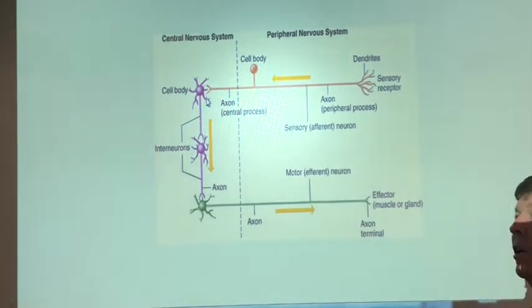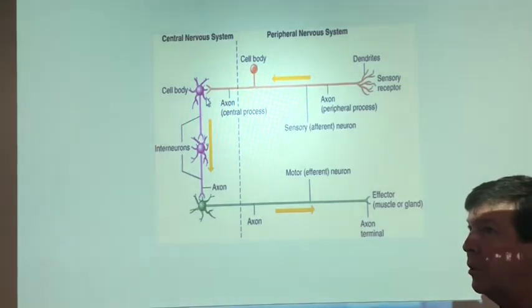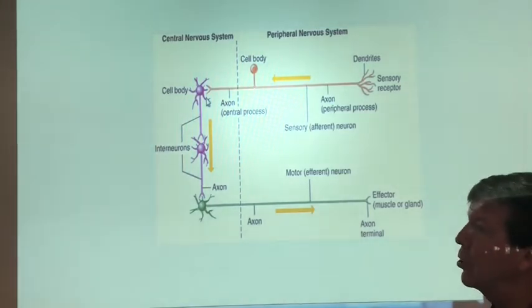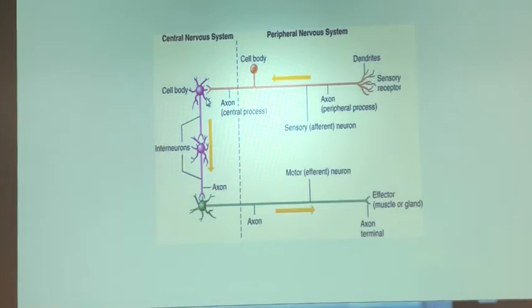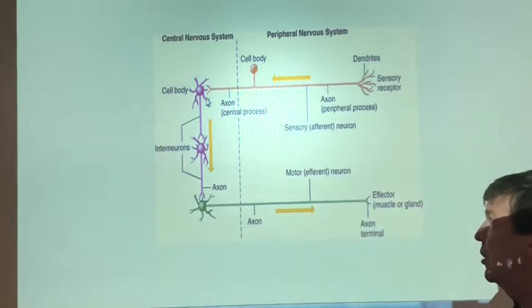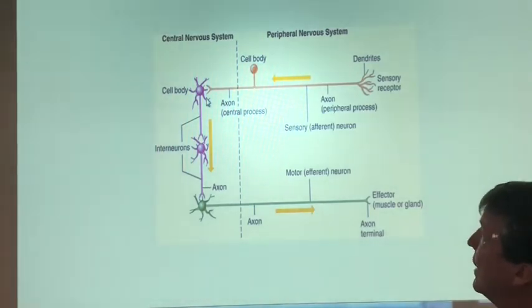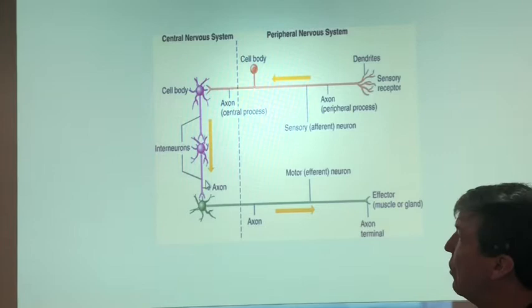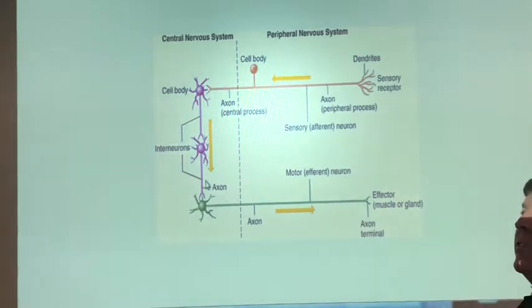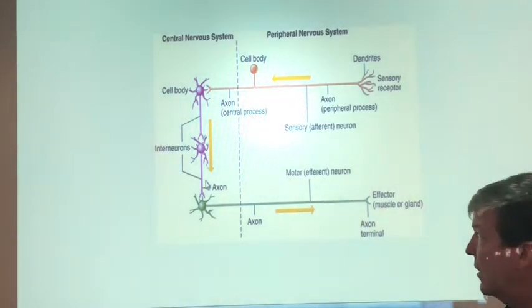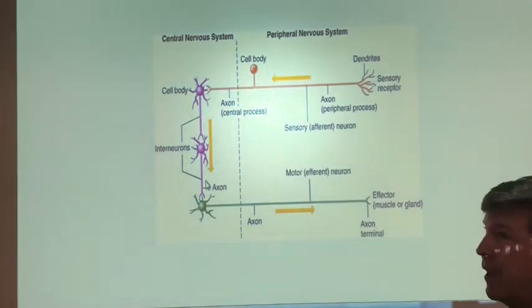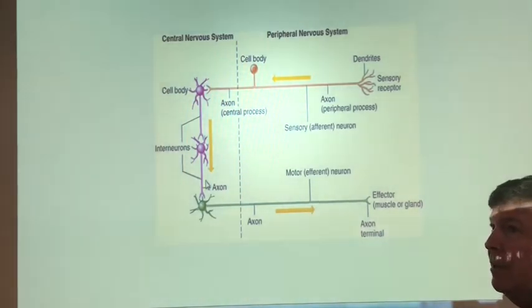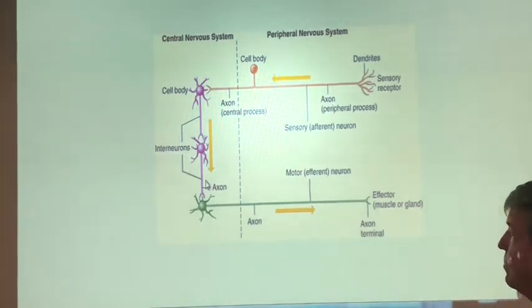So far, the only neurotransmitter you're familiar with is acetylcholine, and that's the neurotransmitter at all neuromuscular junctions. But now, when we're in the central nervous system, there's a wide variety of neurotransmitters, and these neurotransmitters have varying effects on your brain function and your physiology in general.